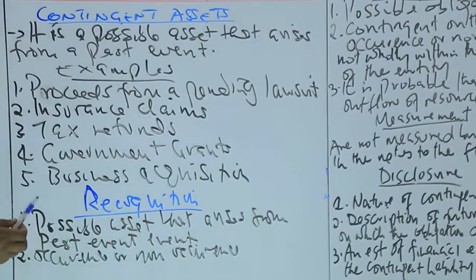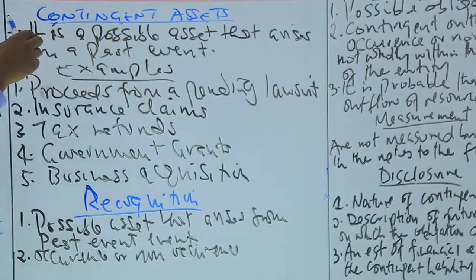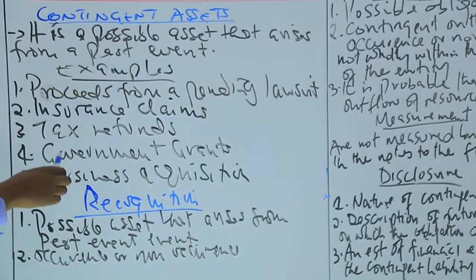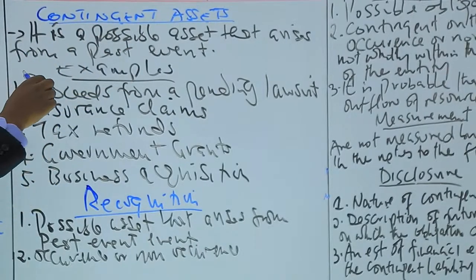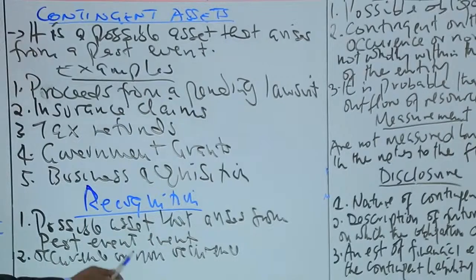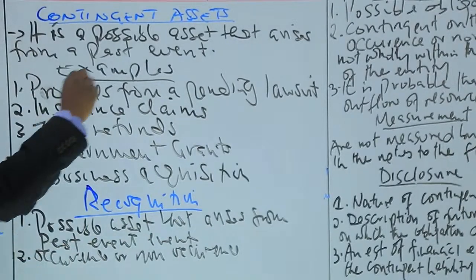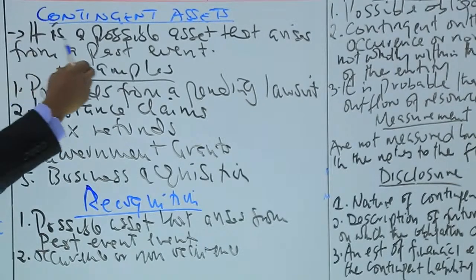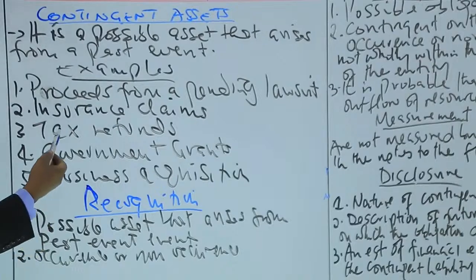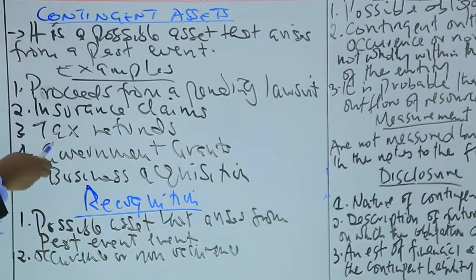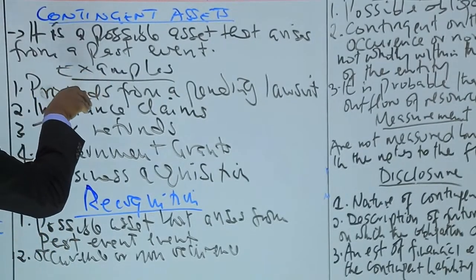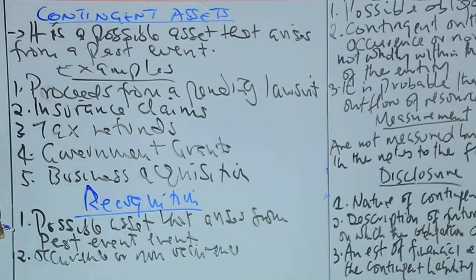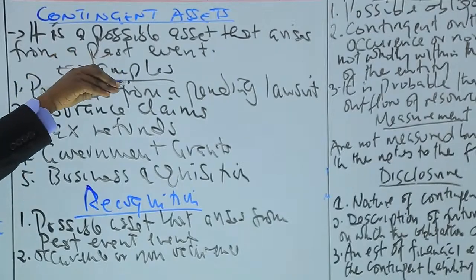So this contingent asset depends on the court awarding the company a financial settlement as a result of its lawsuit against a competitor. The occurrence of such an event is not wholly within the control of the public sector entity. The awarding of these proceeds is not within the control of the entity, but it's within the control of the courts.